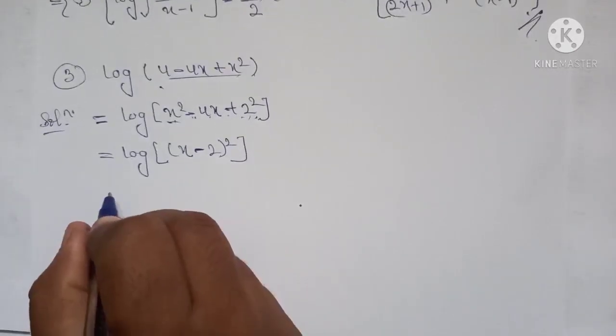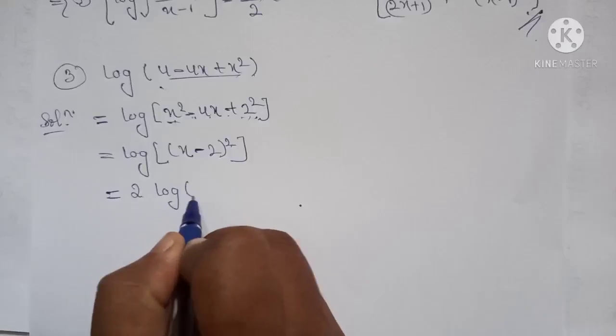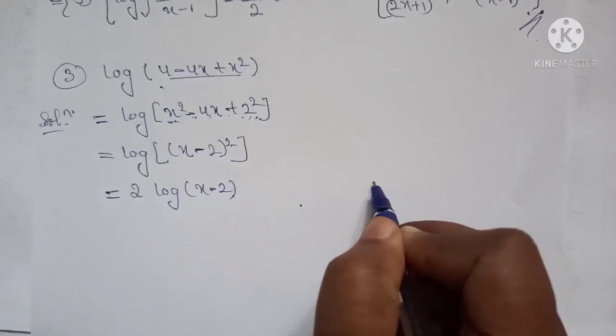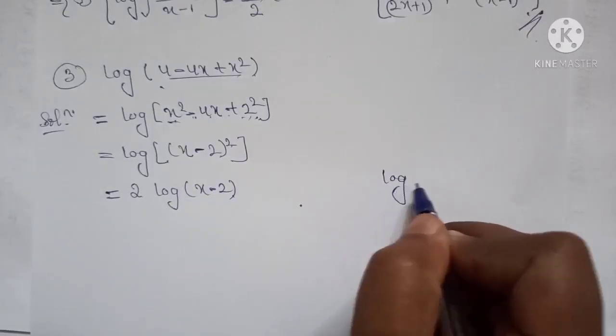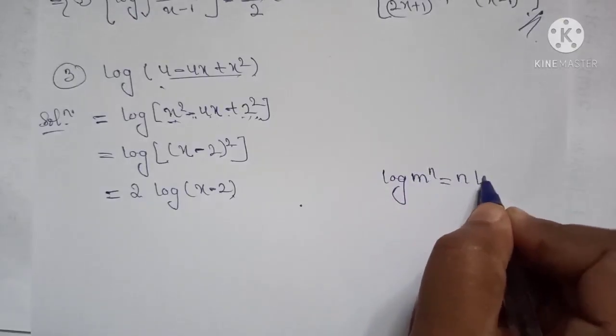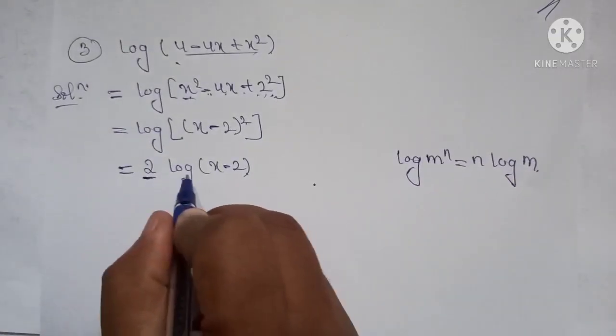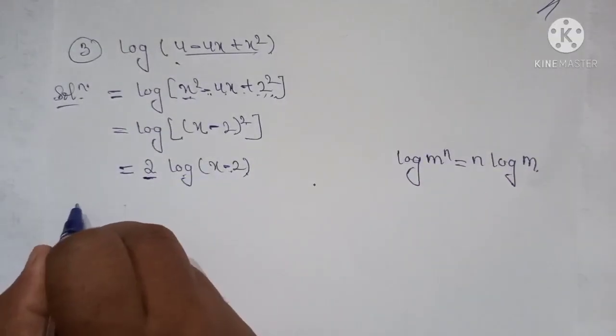So now it can be written as 2 log of (x minus 2), because we know that log of m raised to n can be written as n log m. Therefore we have written the power outside, log of (x minus 2). Now we apply the nth derivative.